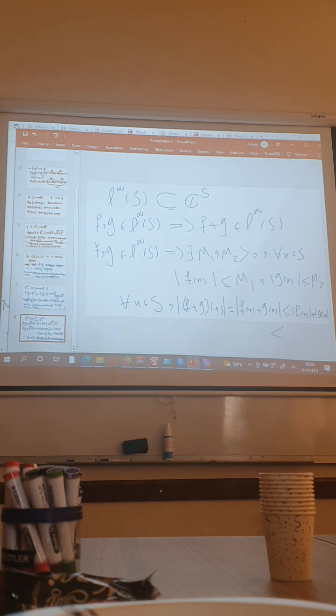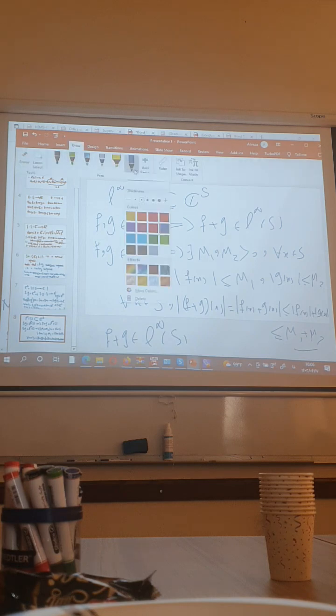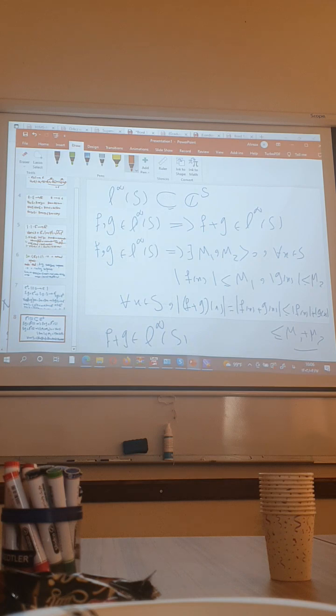And this is less than or equal to m1 plus m2, so this function is bounded, so f plus g is an element of L infinity of S. Okay, so you prove this property simply.